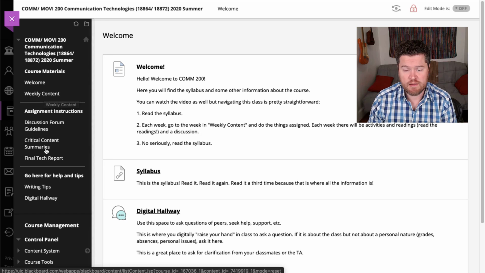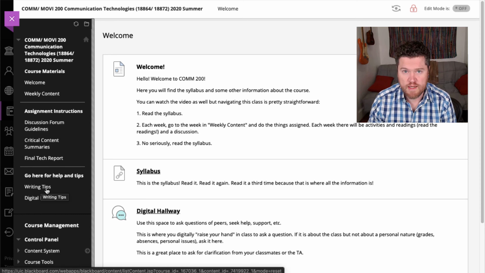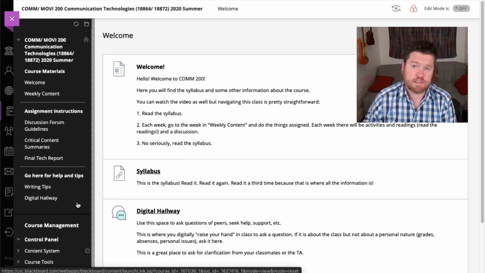Then assignment instructions for the discussions, the critical content summaries, and the final technology report. If you want some writing tips, there are some good tips there, including a video I made a really long time ago. And then the digital hallway, which is where you digitally raise your hand to ask questions.